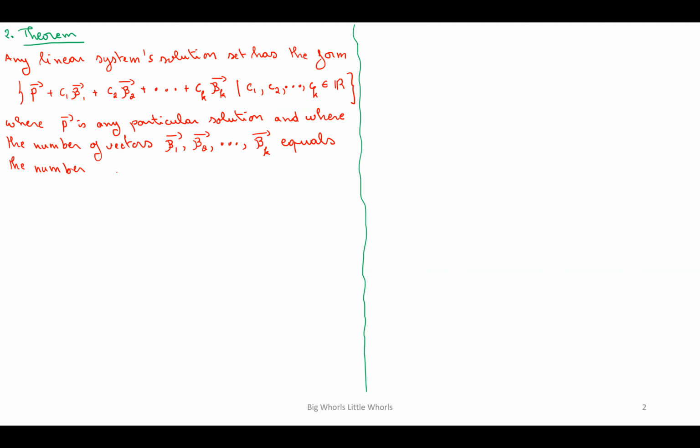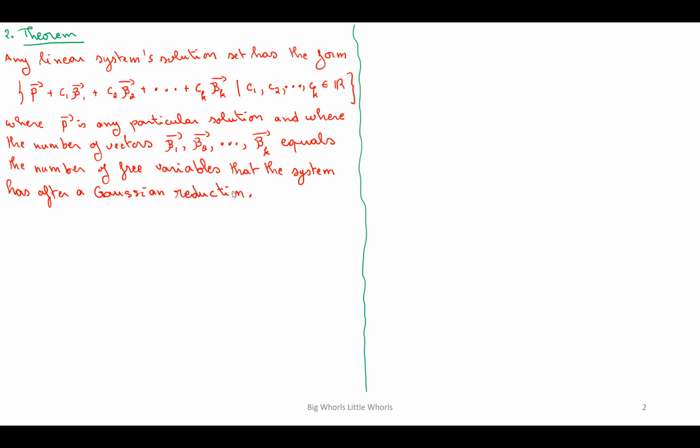The number of free variables that the system has after a Gaussian reduction.